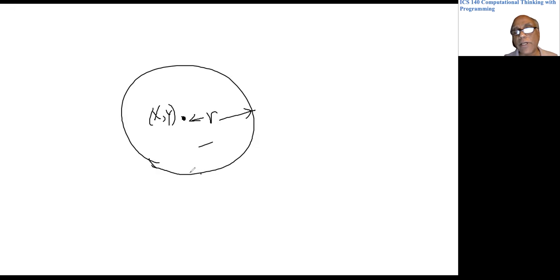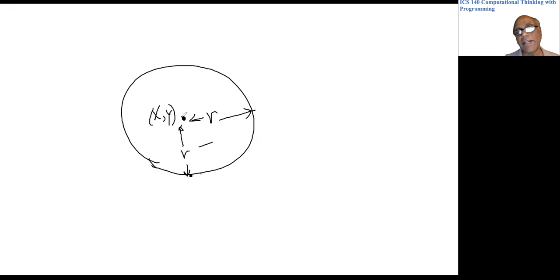Well, one place you can go to is here, which is at a distance of R. And then say, I want to draw a circle here, right? Then the circle will be drawn like this.